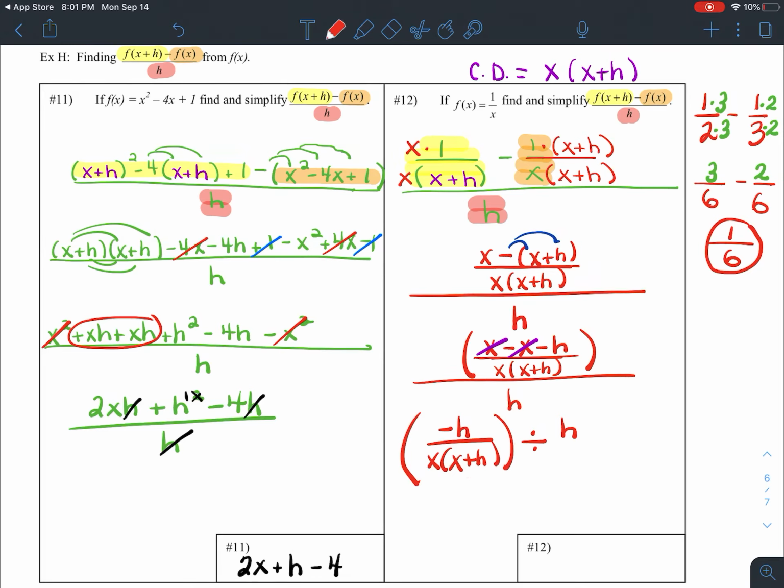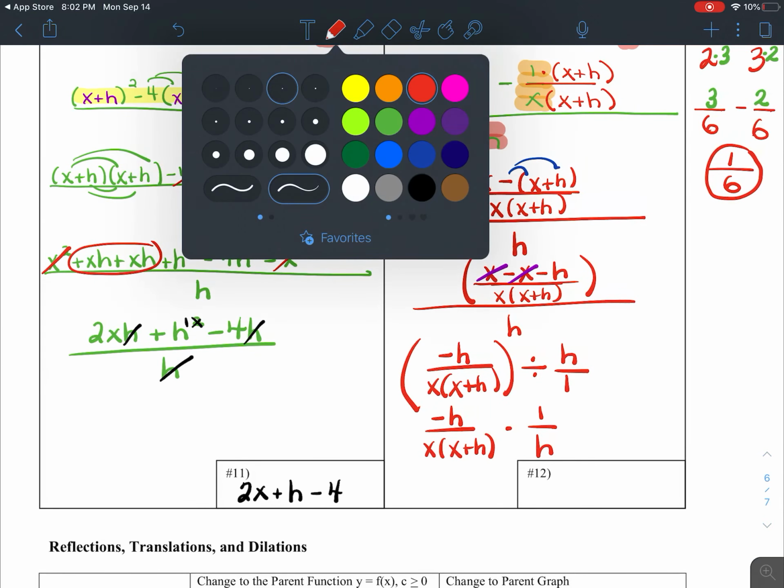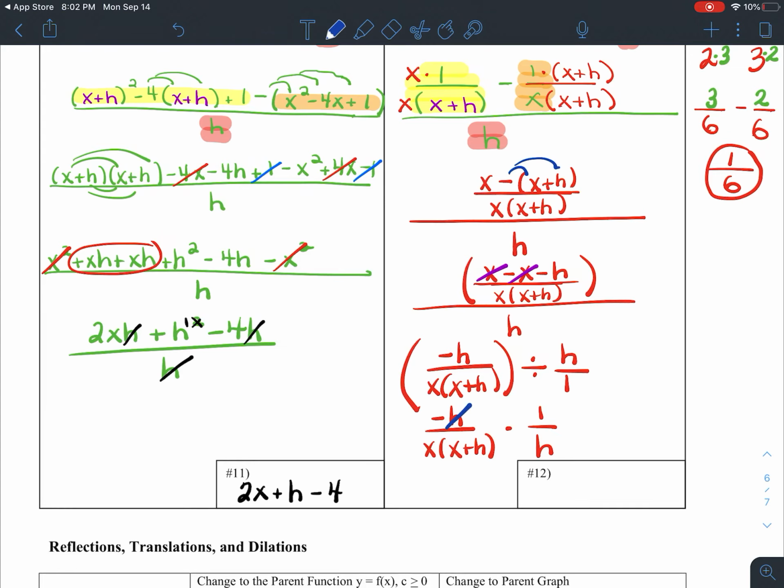Let's go old school here and use this old division symbol with the 2 dots, instead of putting a division bar. When you divide two fractions, you end up multiplying the first fraction by the reciprocal of the second fraction.